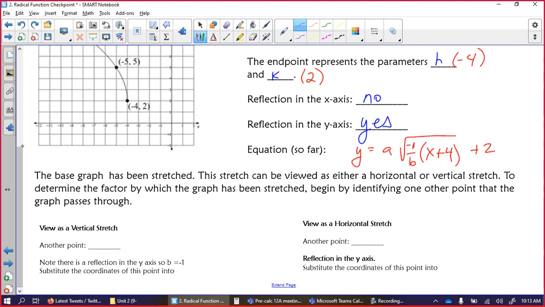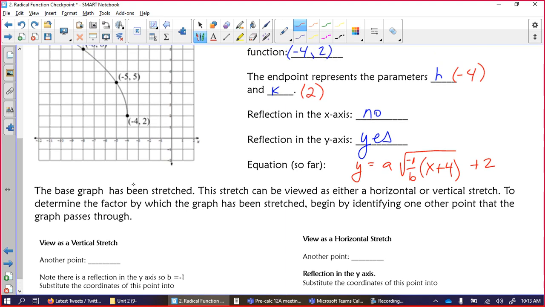So we have this bit. There's kind of a couple ways to look at this. Our normal points are 0, 0, 1, 1. If I go over 1, well, that's the same. So is there a horizontal stretch?